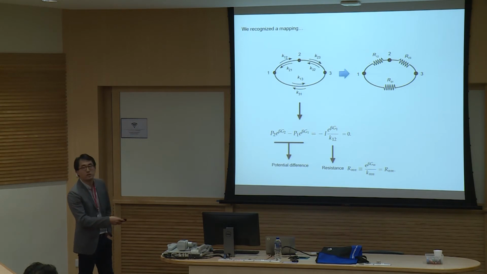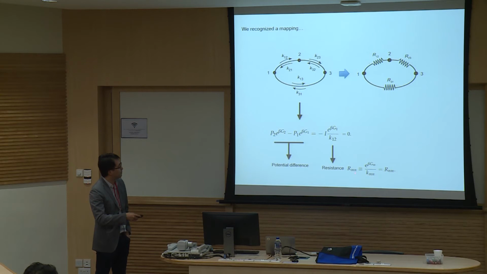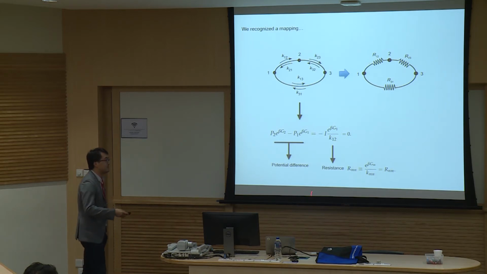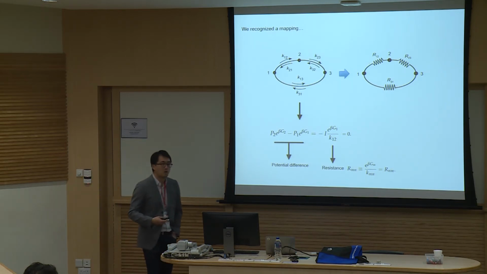And what's important to note about the resistance is that it's symmetric. So the resistance as defined between m and n is the same as that between n and m, okay? And that's because the resistance is really just the reciprocal of the forward rate of transmittance at equilibrium, which is exactly equal to the reverse rate of transmittance at equilibrium.